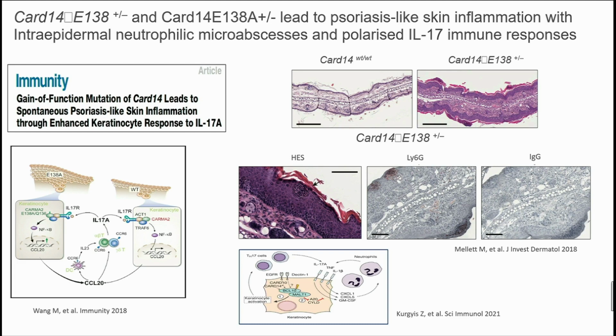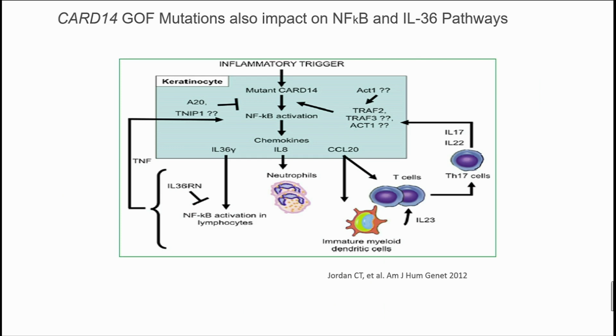So this gave some kind of credibility to the causality, of course, of this heterozygous mutation, and also gave quite some clarity about the rationale, how the mechanistic scenario is installed.